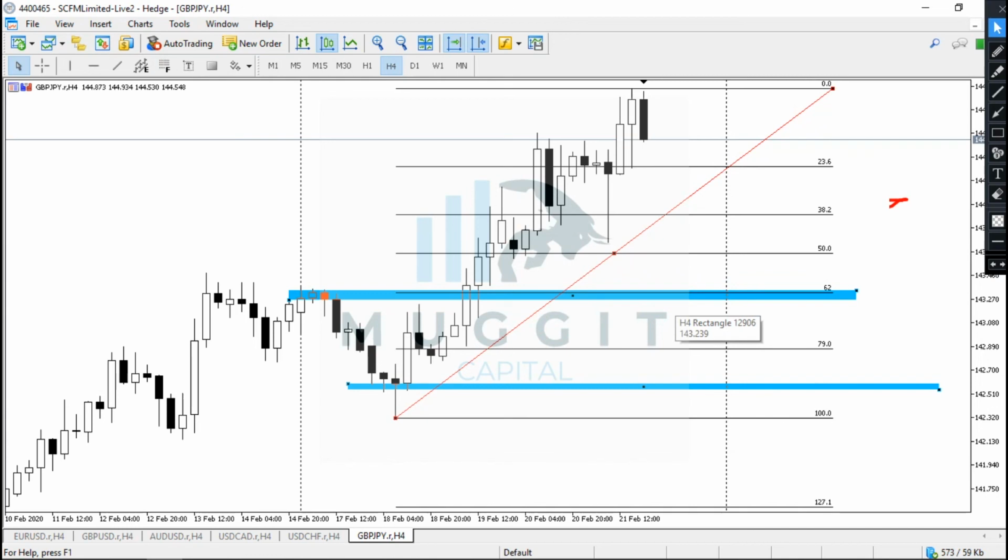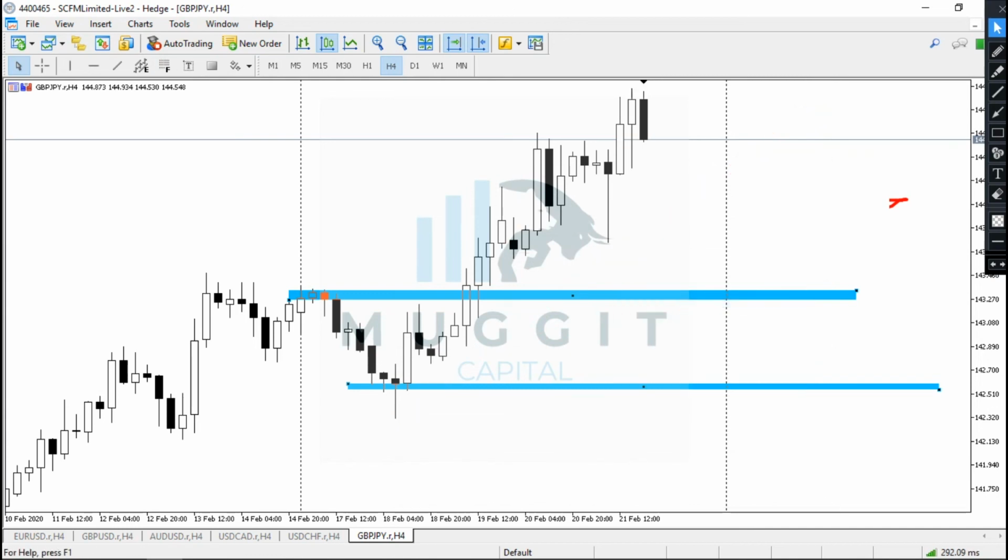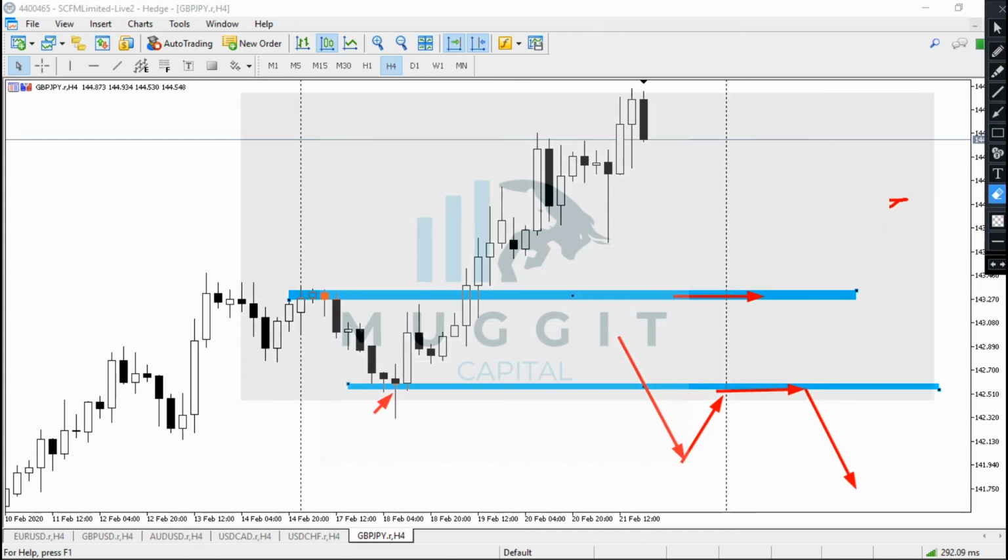So we just wait to see what price does. But the cheapest place I'd buy is here, and the cheapest place I'd sell is if price broke through the support, pulled back, formed resistance, and then I'd sell if there is a valid signal for me to sell. There are factors I consider.